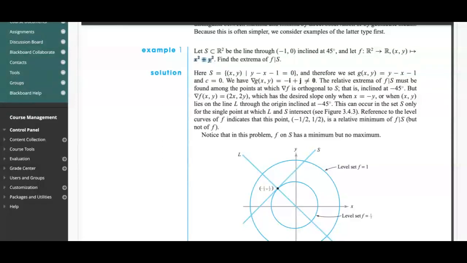That's -1, 1. i is a vector, is 1, 0, in space. j is a vector, equals 0, 1. Okay, cannot forget the vector notations.